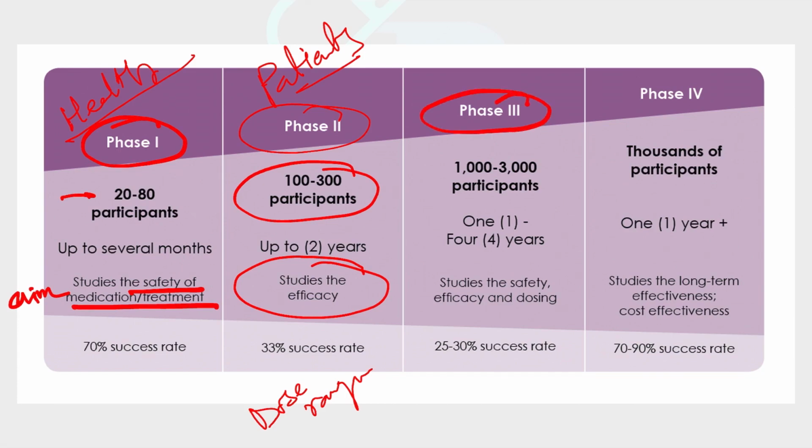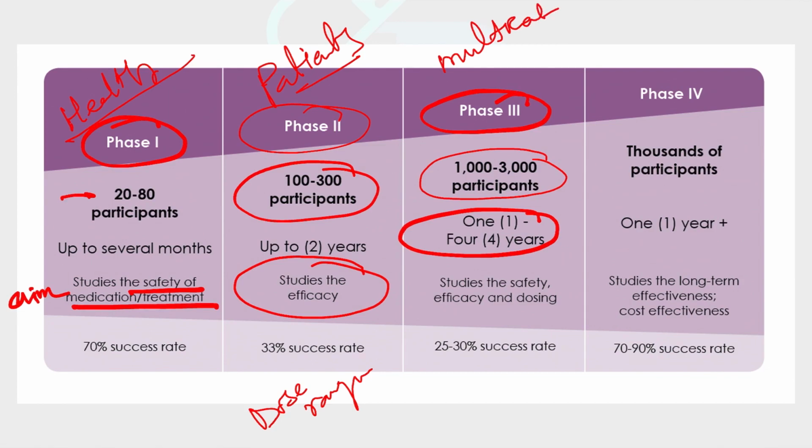Then comes phase 3 where the participant size increases, where even 1000 to 3000 participants get involved, and it takes a longer time. Here it can be multi-centric as well, right? So different centers, different countries, different ethnic groups are chosen for those studies.